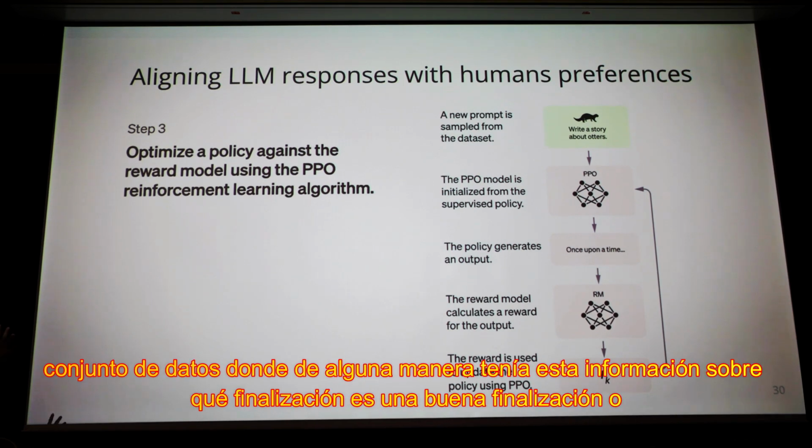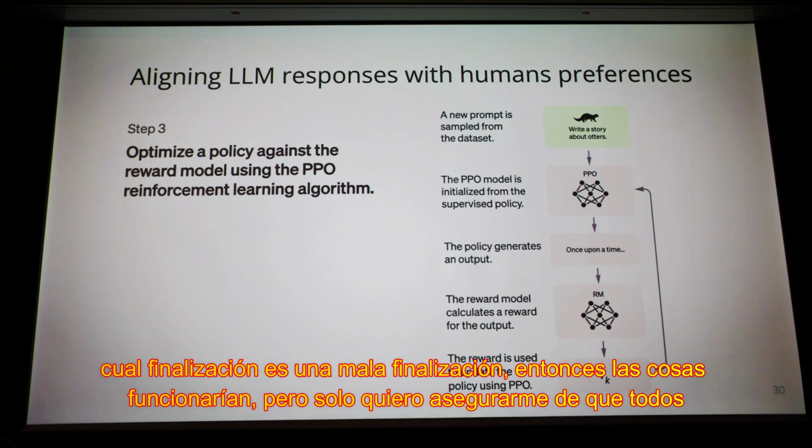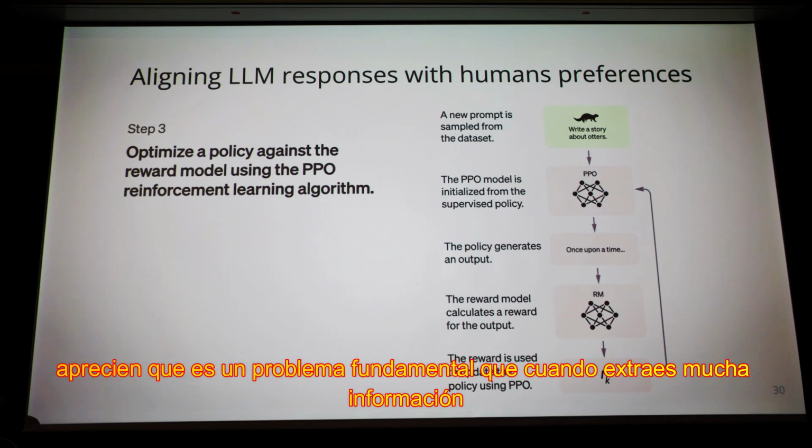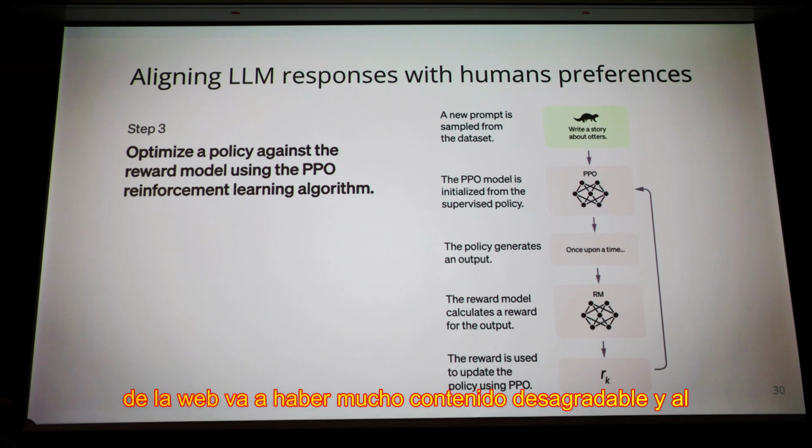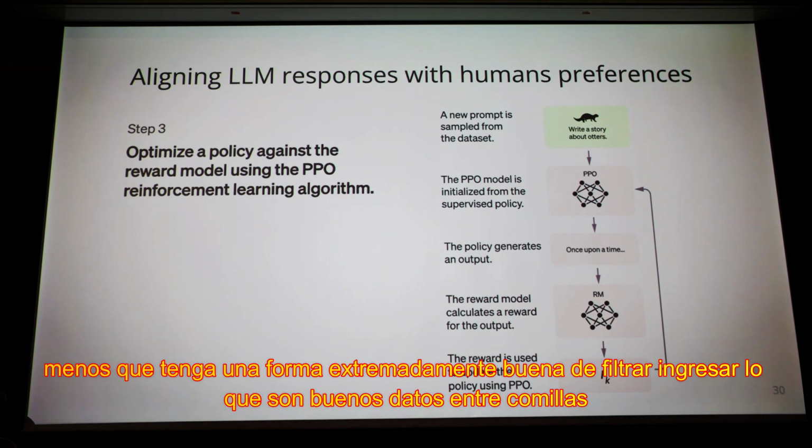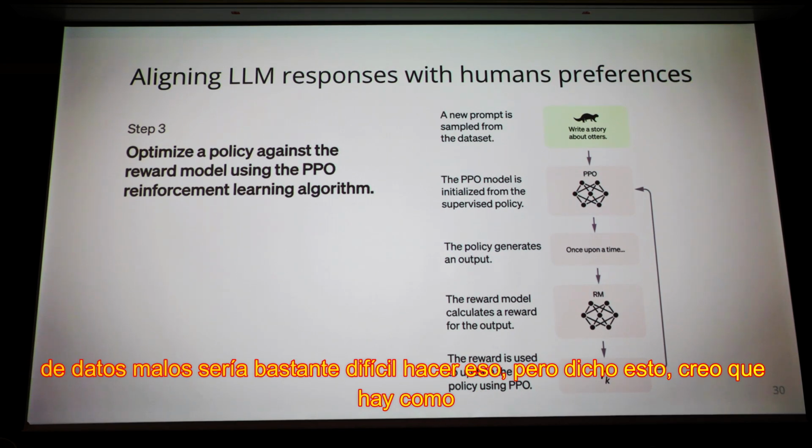If you had a data set where you somehow had this information about what completion is a good completion and what completion is a bad completion, then things would work out. But I just want to make sure everyone appreciates that it's a fundamental problem that when you scrape a lot of information from the web, there is going to be a lot of distasteful content out there, and unless you have an extremely good way of filtering what is quote unquote good data from bad data, it would be pretty hard to do that.